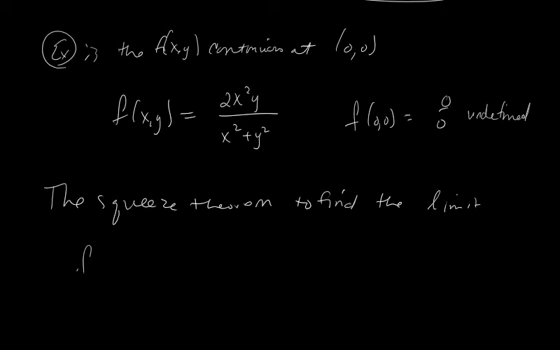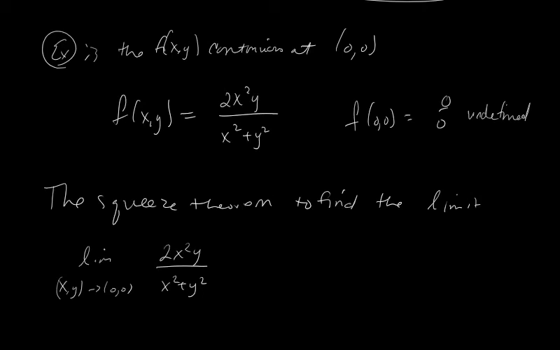We're looking for the limit as (x,y) goes to (0,0) of 2x squared y over x squared plus y squared.